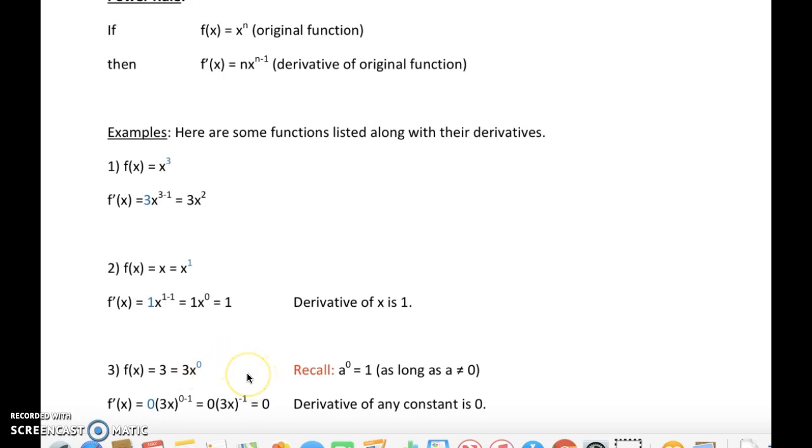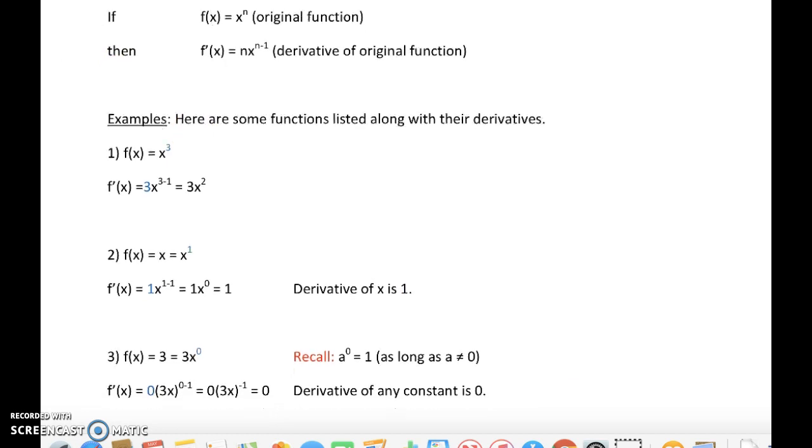That 0 is going to come out to the front, be multiplied by the 3, the x, and we're going to subtract 1 from the exponent, but 0 times anything is 0. So basically the derivative of any constant is going to be 0. So when we take the derivative of a polynomial, that constant part of the function is going to become 0 and just disappear.